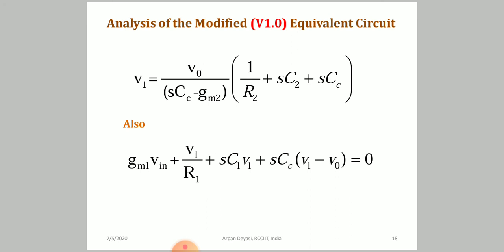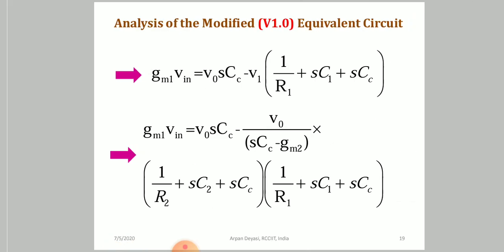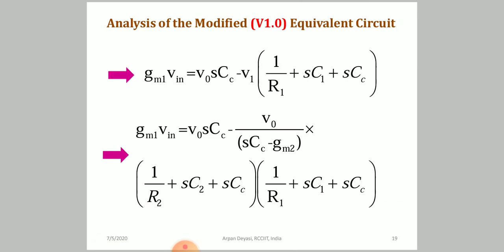Similarly, if you start to analyze applying KCL at the input side, there will be another additional term, and the term will be (V1 minus V0) into SCC. So if that happened, then Gm1 Vin equals V0 SCC minus V1 into something.